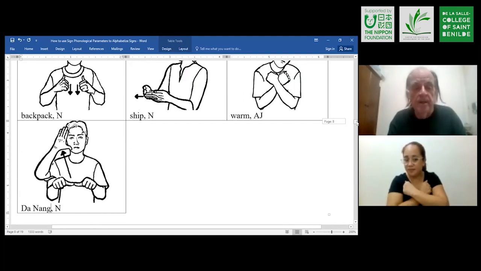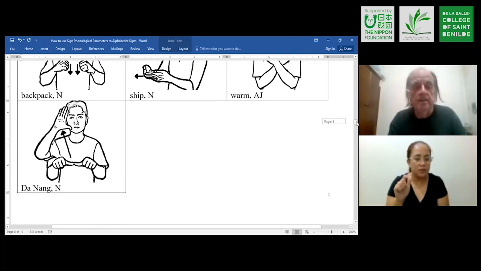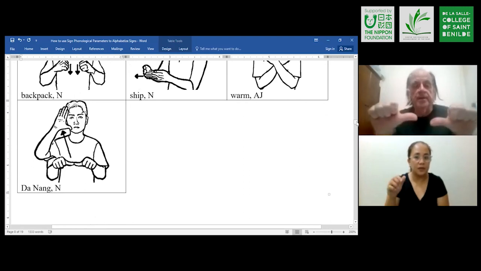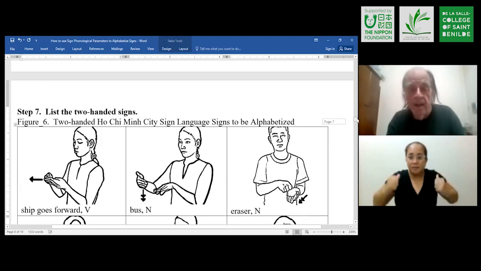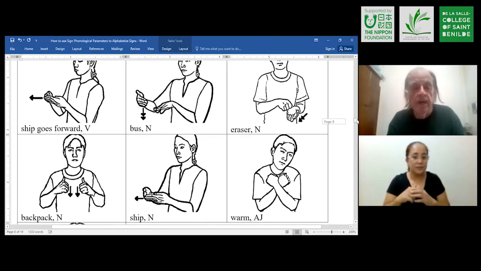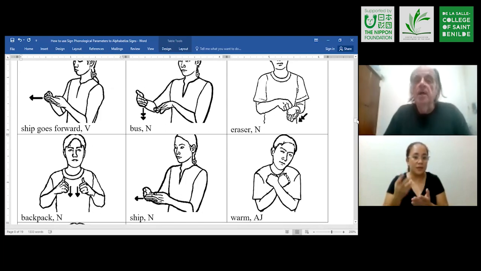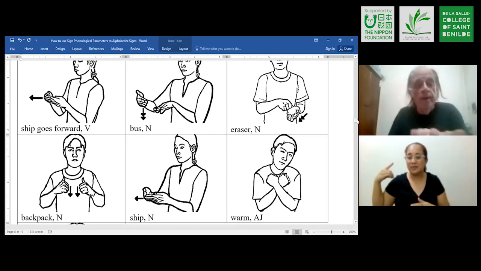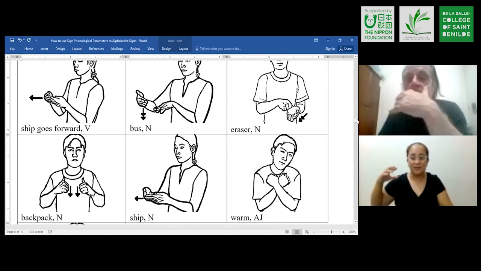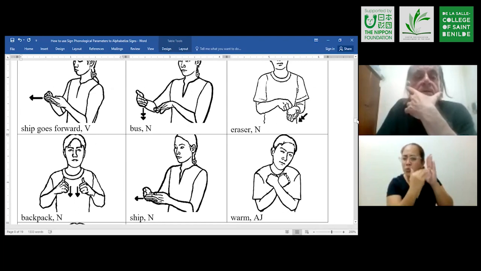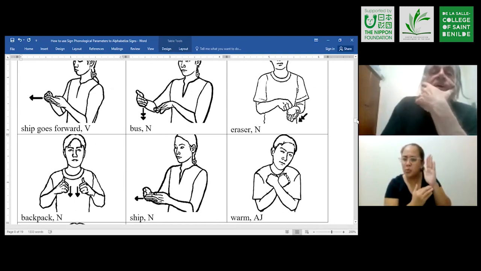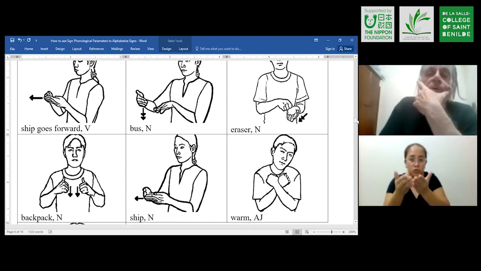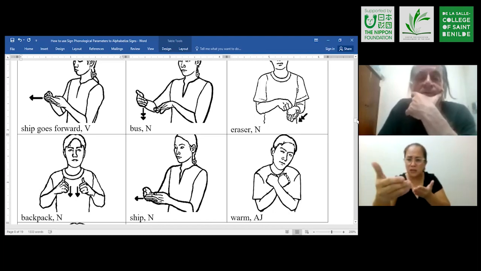And with Da Nang and backpack with this hand shape. And bus and ship goes forward. So just looking at the dominant hand, which is the next one on this list that goes? The ship goes forward. Does that go first, or bus, or eraser? Which one of those goes first?